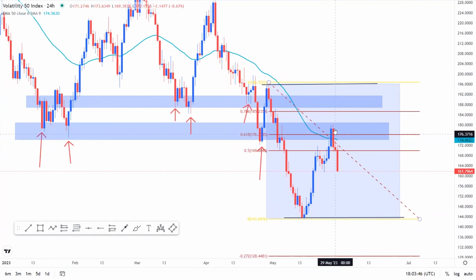I can tell for a fact that this is indeed a strong level to sell from because of the confluences at play at this very level. The level aligns perfectly with the Fibonacci 61.8 golden level, and we also see the exponential moving average present at the very same level.